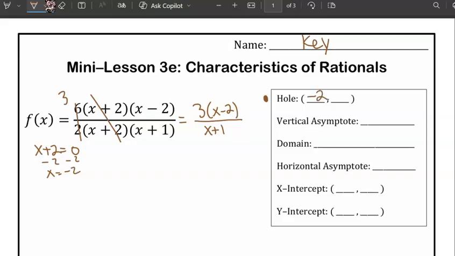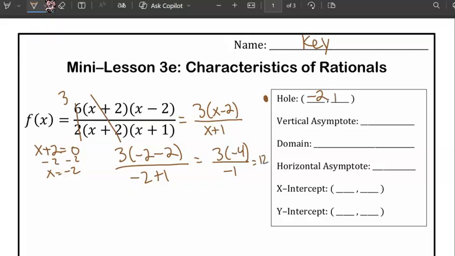To get the y coordinate, we use the simplified expression and plug in -2 for x to evaluate. 3 times -2 minus 2 all over -2 plus 1. 3 times -4 over -1. That's going to give you a positive 12. The hole for this example is -2, 12.